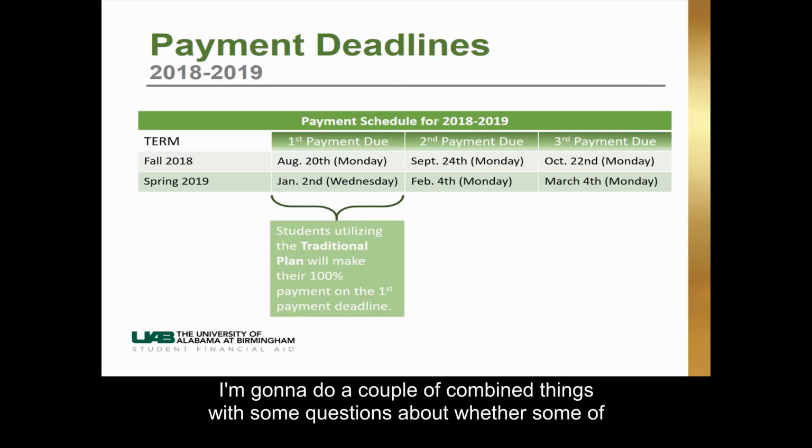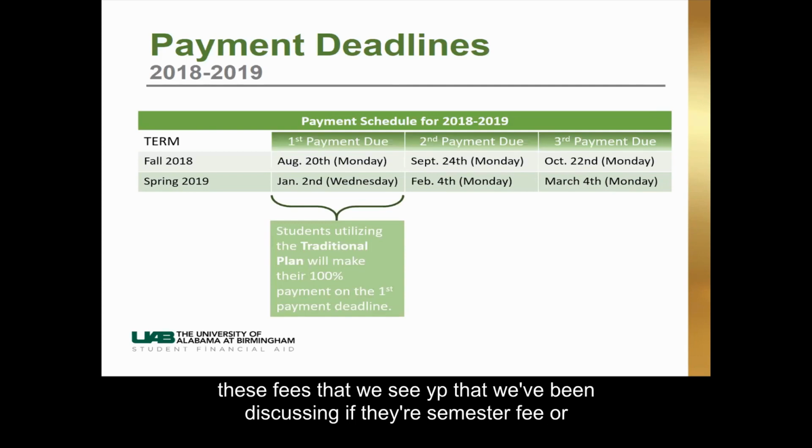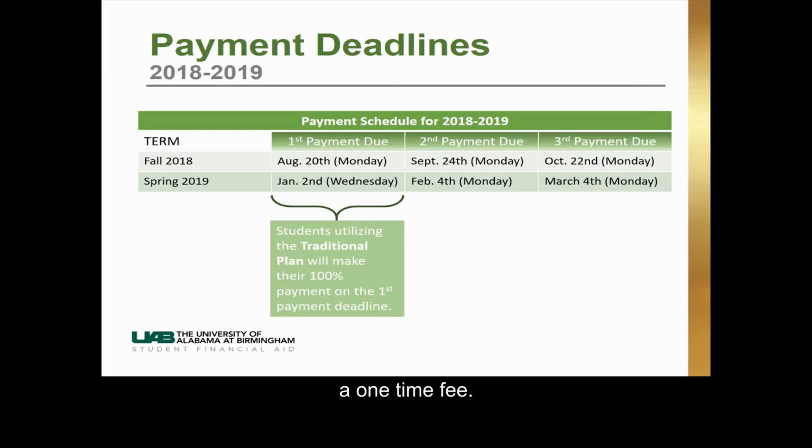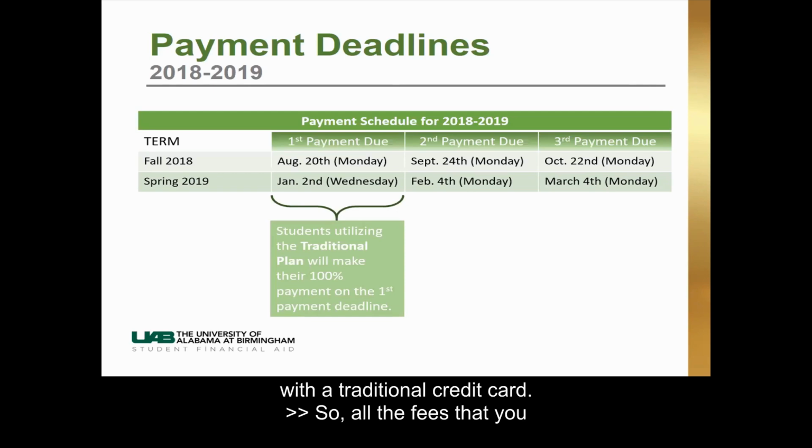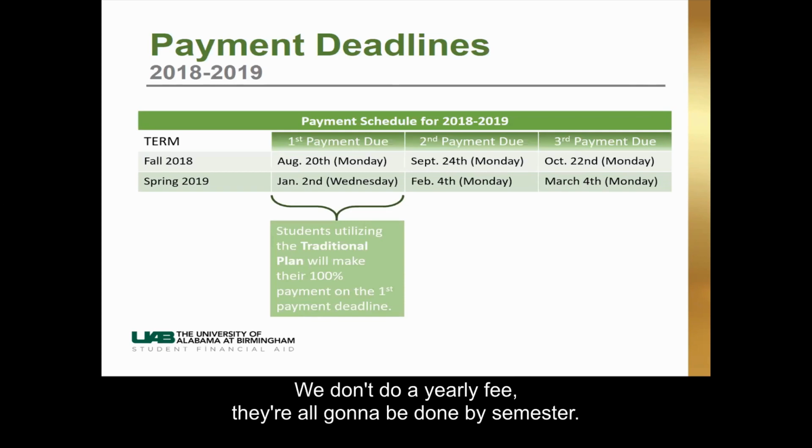I'm going to do a couple of combined things with some questions about whether some of these fees that we've been discussing are a semester fee or a one-time fee, as well as another question about if you are able to just pay your tuition or all fees with a traditional credit card. Sure. So all the fees that you see applied to your account are going to be semester fees. We don't do a yearly fee. They're all going to be done by semester.